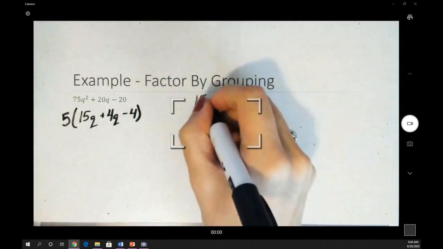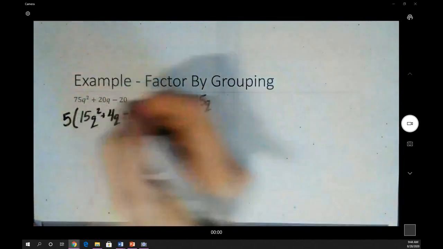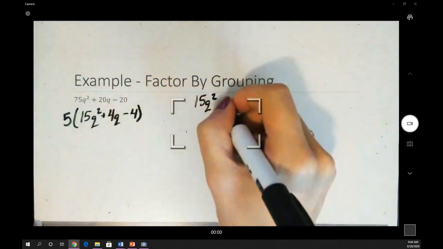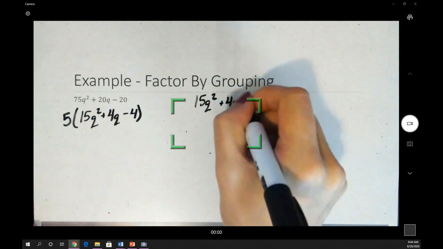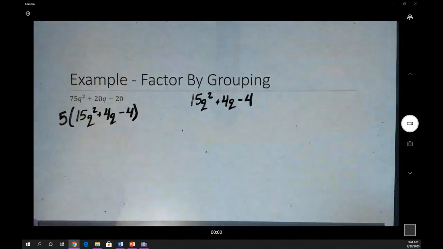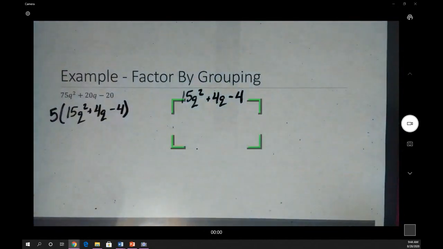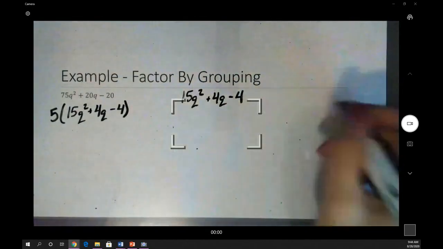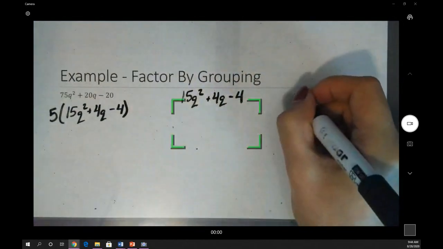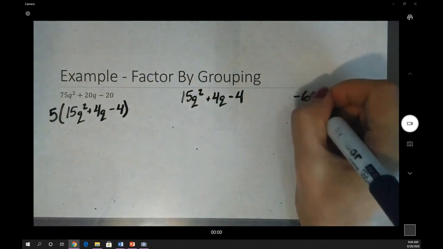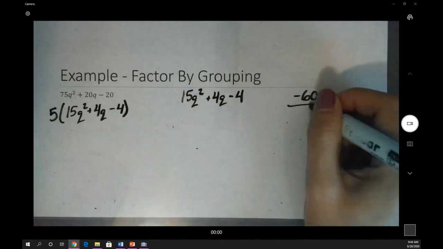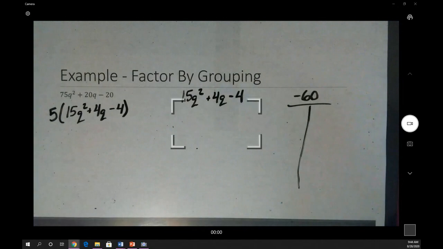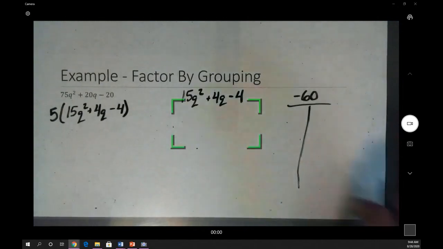So we have 15q squared plus 4q minus 4. So I need to take my a times my c. That's 15 times a negative 4, that's a negative 60. So we need all the ways to multiply and get a negative 60.